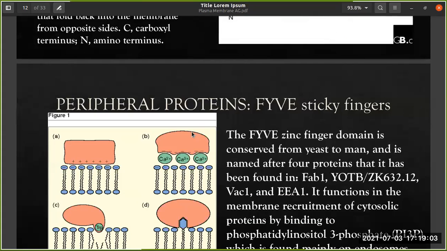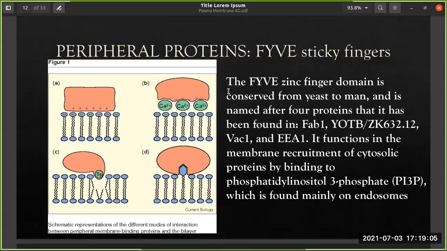Next, we have an example of a peripheral protein: the FYVE sticky finger proteins. The FYVE zinc finger domain is conserved from yeast to man and is named after 4 proteins in which it has been found: FAB1, YOTB, Vac1, and EEA1.